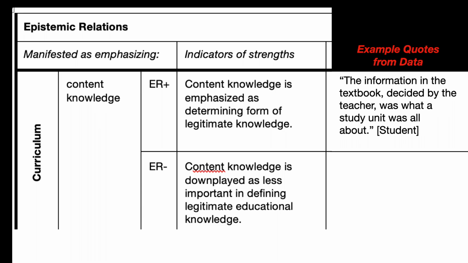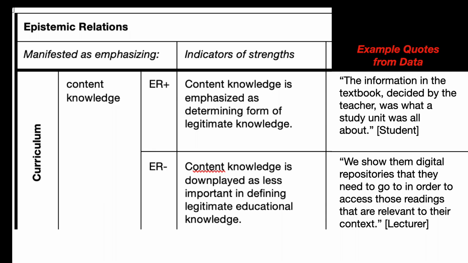And here's one chosen for weaker epistemic relations. We show them digital repositories that they need to go to in order to access those readings that are relevant to their context. That, to me, sounds like a quote from one of the Australian lecturers.